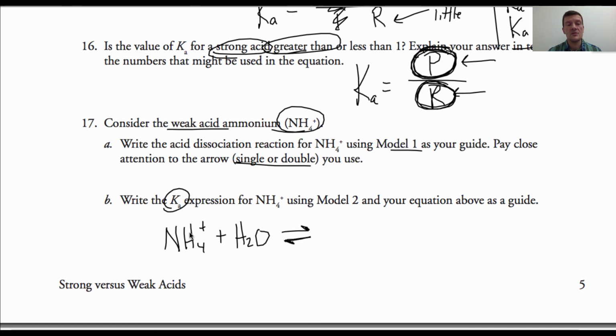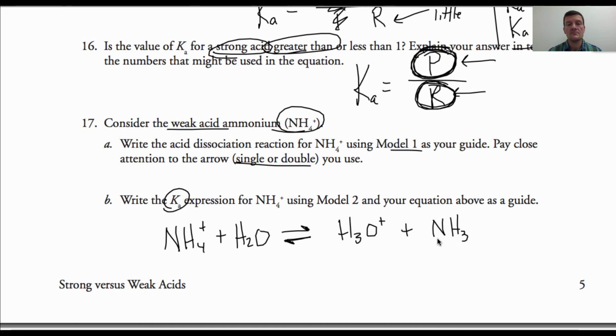It is going to donate its H+, and it's going to form hydronium ion, and it's going to give up one of its H pluses and become NH3. It's given up the plus, so the charge is going to drop by 1, so it's going to become NH3.